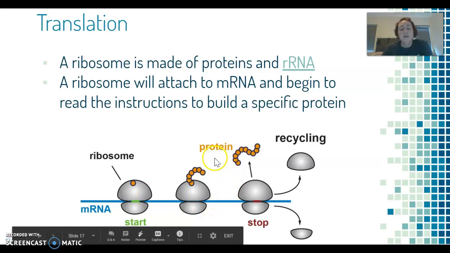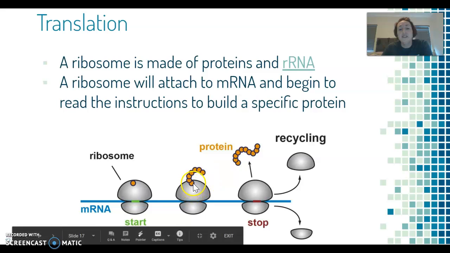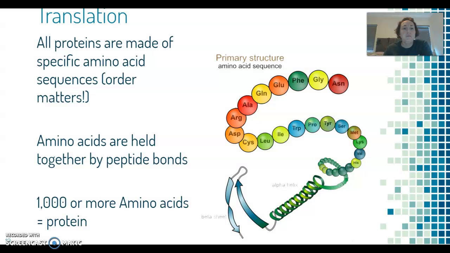And if you remember when we talked about macromolecules, amino acids are what makes up each of these proteins. So each of these little orange circles that I'm pointing to here are amino acids, and all of them together making this big long string is going to be a protein. And that protein is going to determine some kind of trait or activity within us.